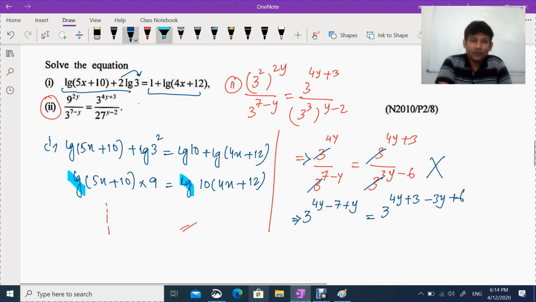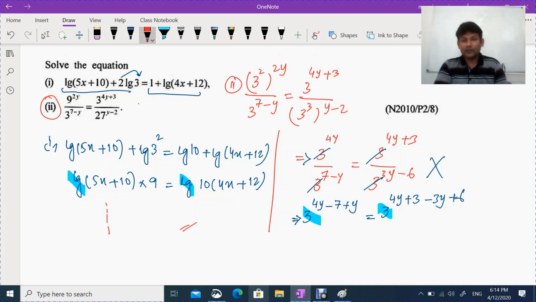Now you can compare the powers, and then you can simplify. 4y and y is 5y minus 7, 4y and 3y is only y, and then 9, and this left-hand side is 4y is equal to 9 plus 7 is 16, and y is equal to 4. 16 upon 4 is 4, and that's your answer.